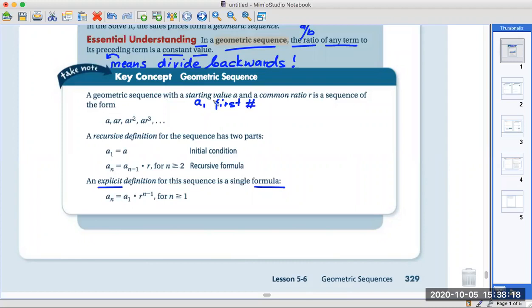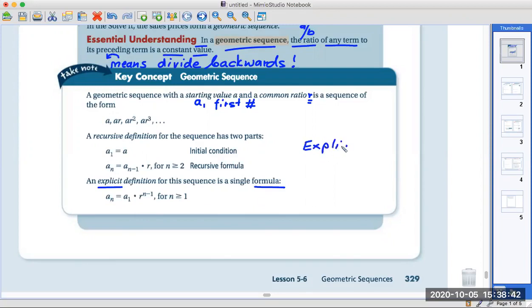First number. You always want the starting value, first number, and you always need the common ratio. Remember, common ratio is that division and it's denoted lowercase r, yeah? And then it tells you all this here, how to use it. But the one I really want to look at is this one down here. I'm going to rewrite it here so you have it.